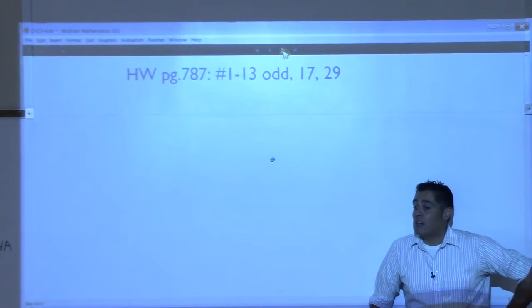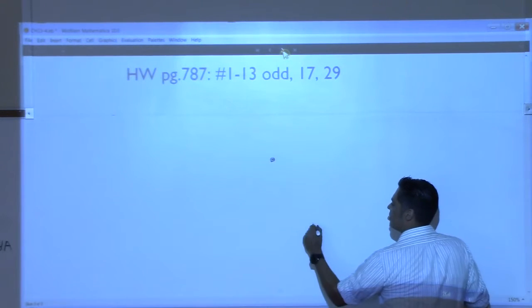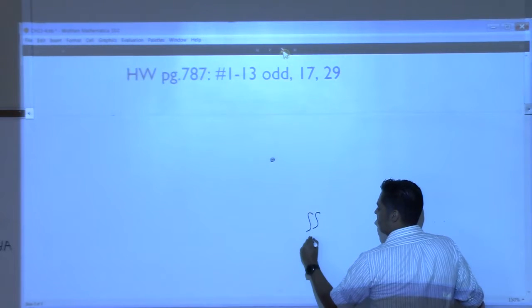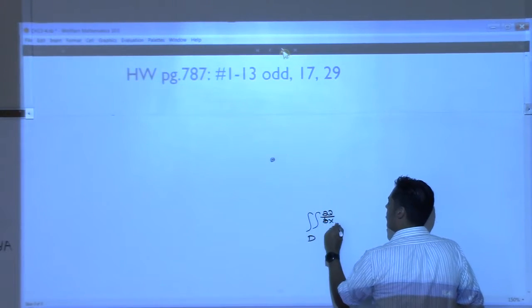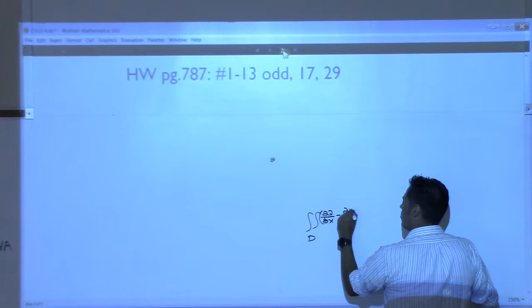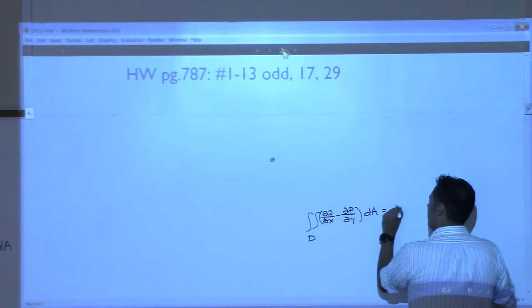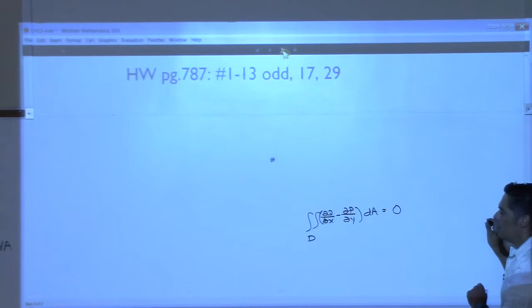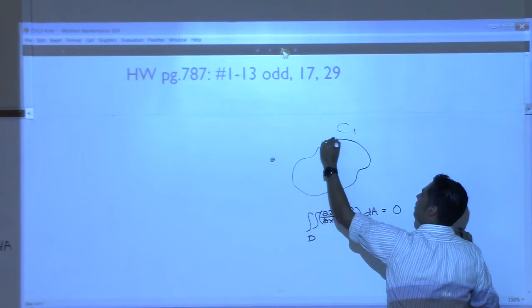Well, we did negative C2. When I changed it, if I'm going to summarize, we found that this was 0. But because of the way we drew it, here was our arbitrary path C1 that way.